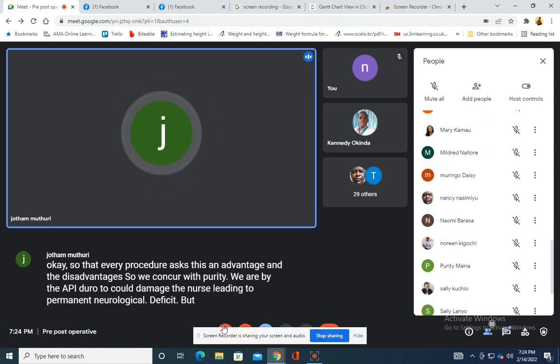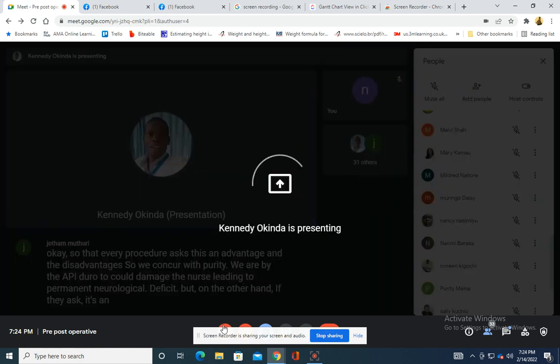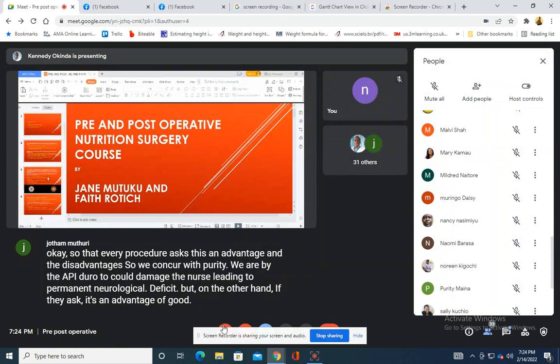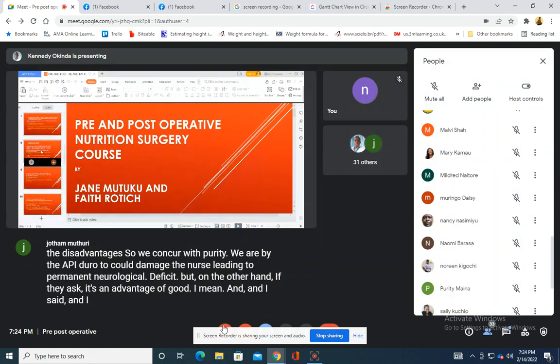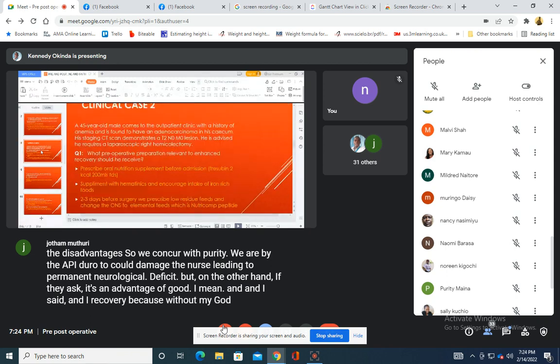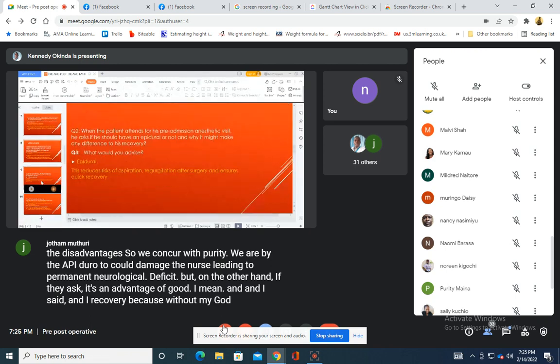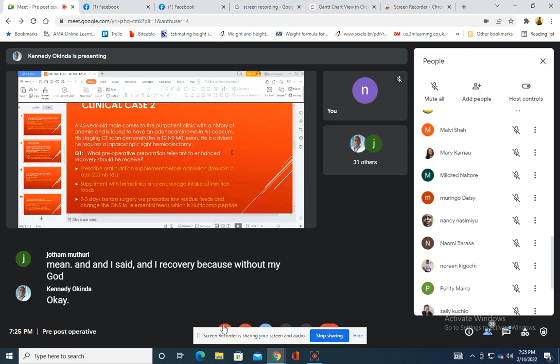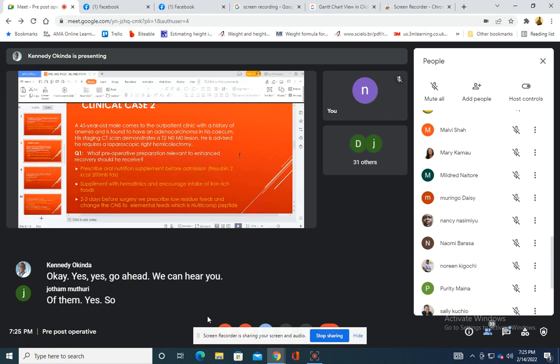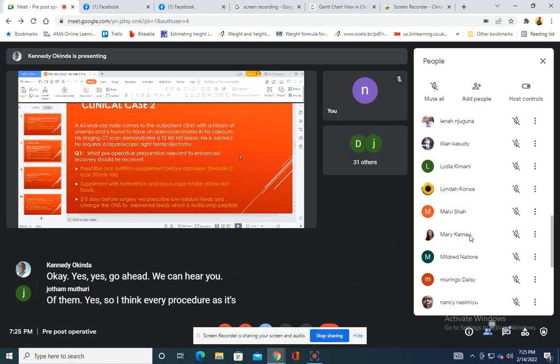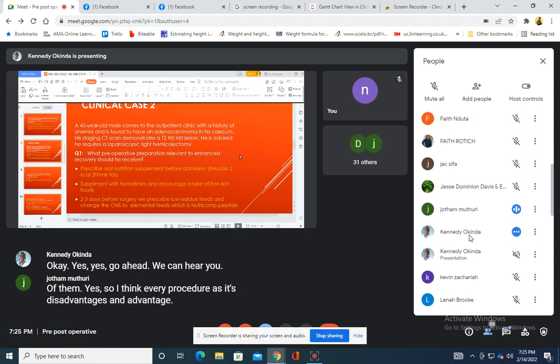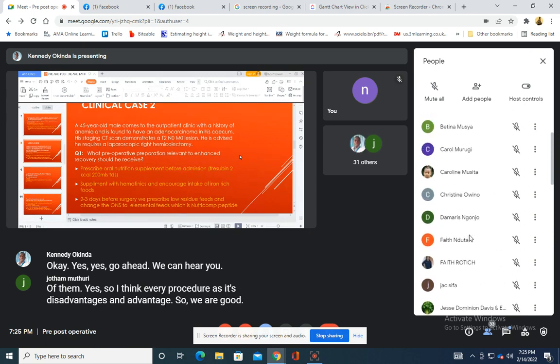But on the other hand, it has its advantages of enhanced recovery because of optimal analgesia. We can hear you. Yes, so I think every procedure has its disadvantages and advantages. So we argued both.